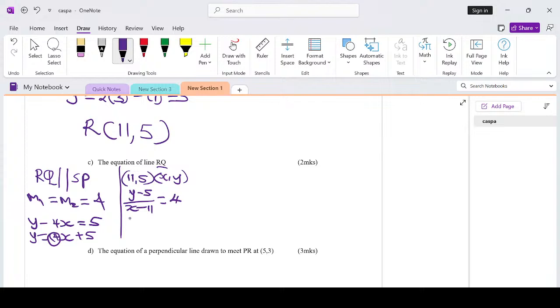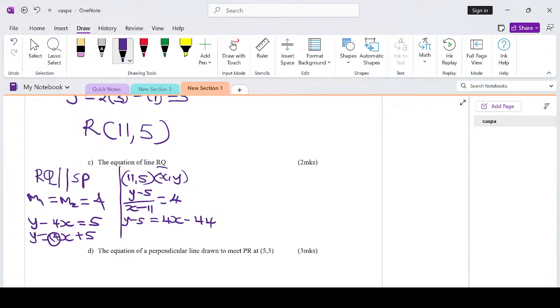Now when you do cross multiplication, you're going to get y minus 5 should be equal to 4 times x, that is 4x, minus 44. 4x minus 44. That is what you should be knowing.